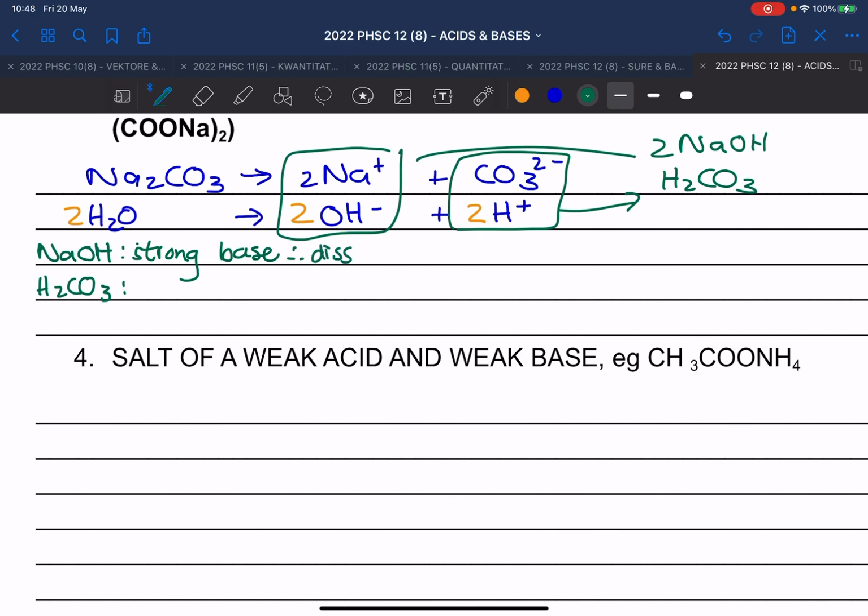Incompletely. Strong is completely to give you what? To give you a high concentration of hydroxide ions.